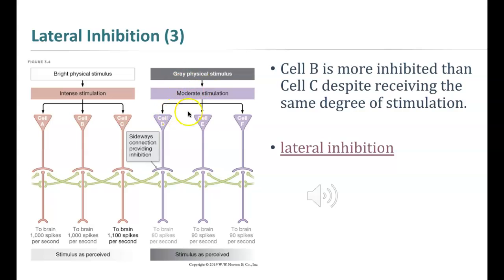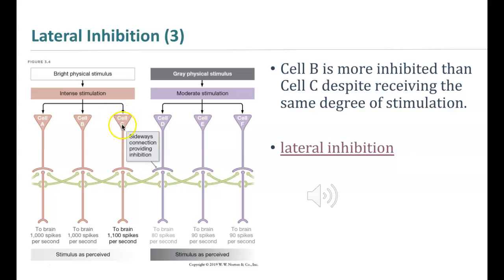Okay, so these guys here all get moderate stimulation, all right? So the amount of inhibition going from cell D to cell C is not as great as the inhibition going from cell B to cell C. But cell B is getting strong inhibition from A and C, whereas cell C is getting strong inhibition from cell B and only a little bit from cell D, okay?